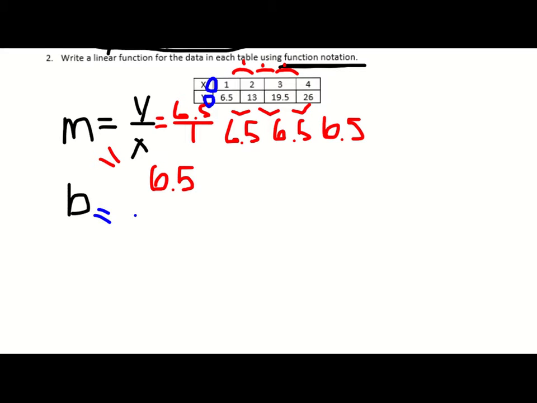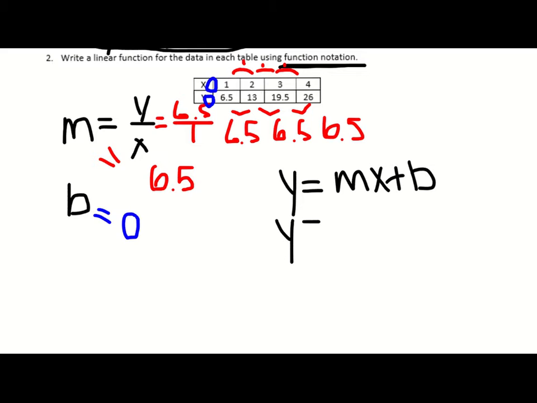So my y-intercept, 0. So if I plug this in to y equals mx plus b, I'm replacing m with 6.5, keep the x, and I'm not going to write plus 0. Just going to leave it y equals 6.5x.